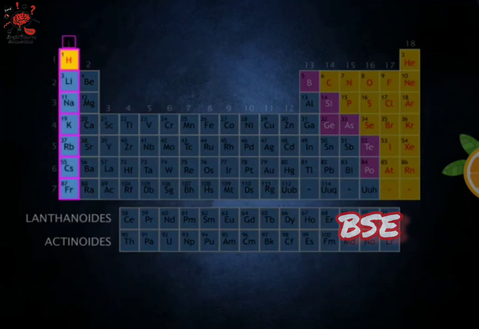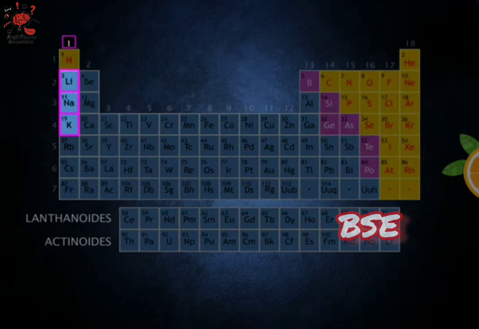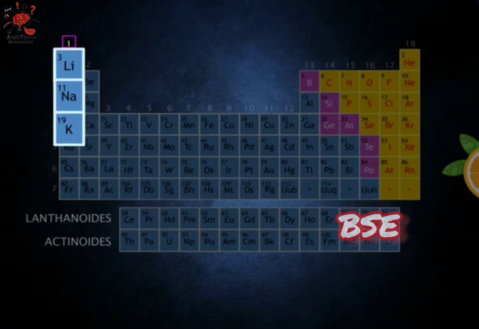To understand this, let's take a look at group 1 of the periodic table. Note the electronic configurations of 3 successive elements of group 1, lithium, sodium, and potassium, is similar.